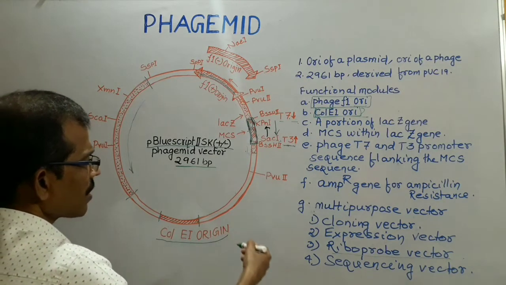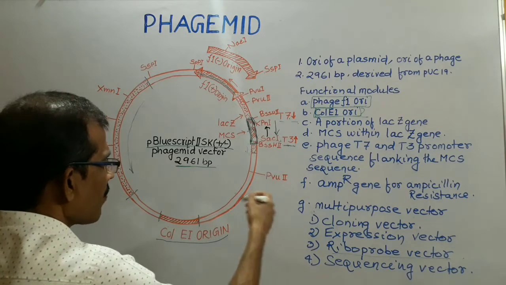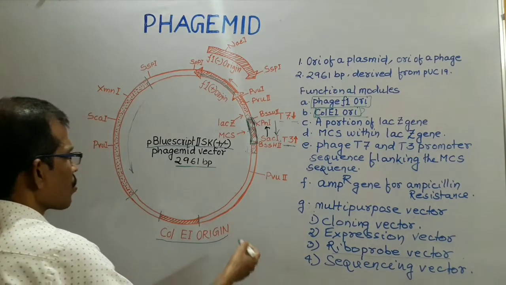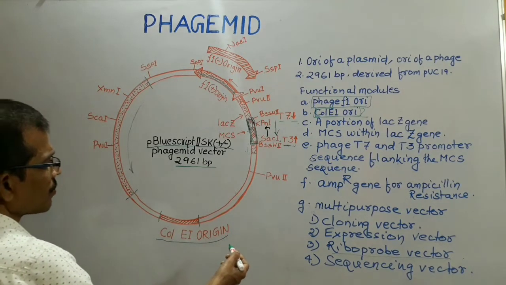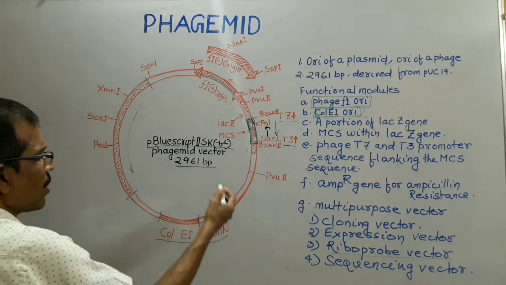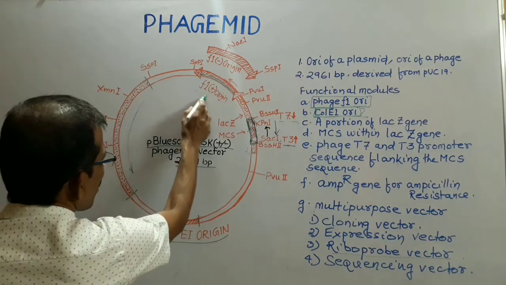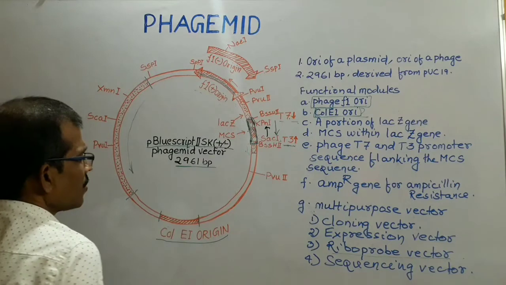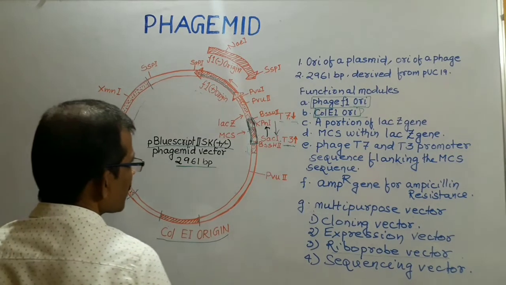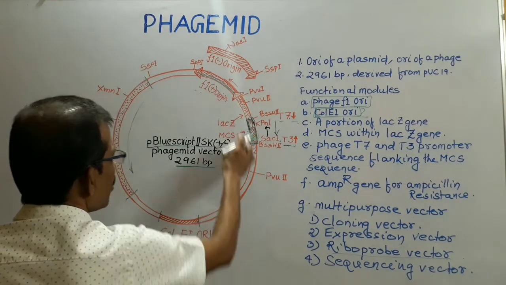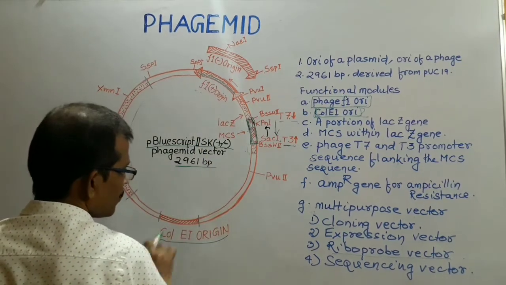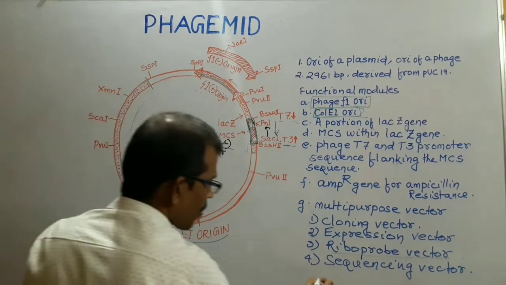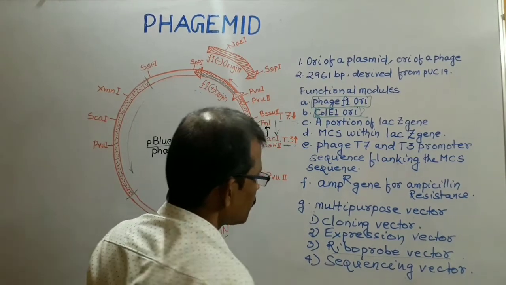The origin of replication of the F1 phage allows for rolling circle replication. So by orienting the F1 origin of replication in opposite directions, one can generate the single-stranded DNA copy of either strand. These single-stranded copies are very useful for DNA sequencing.